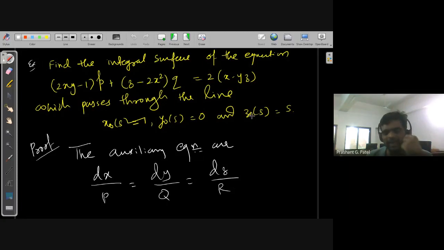That means ultimately I need to find the curve which is passed through this situation. That means you need to substitute the values x0 equal to 1, y0 equal to 0, and z0 equal to s into this equation.